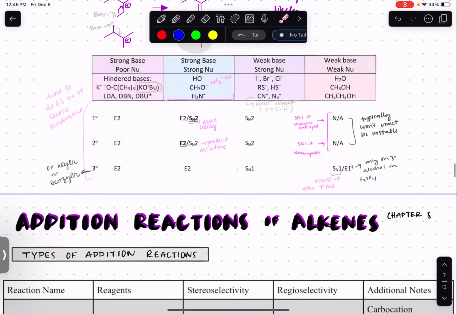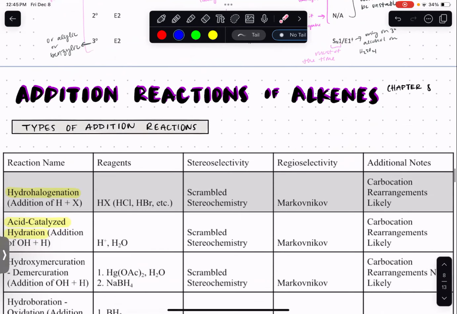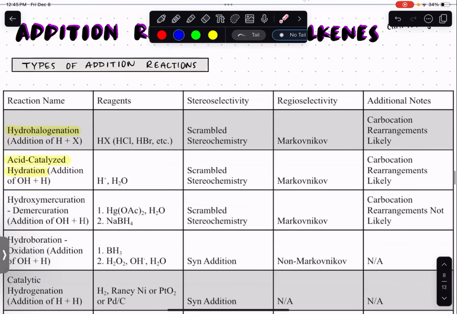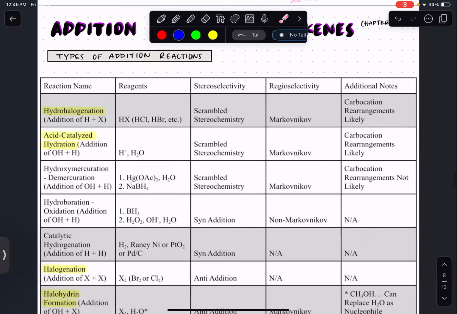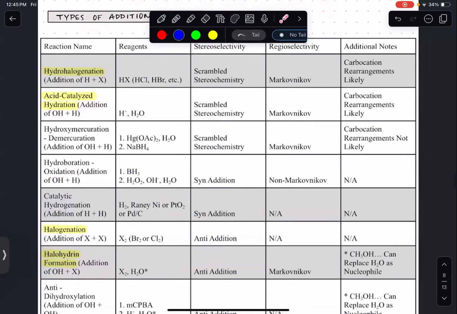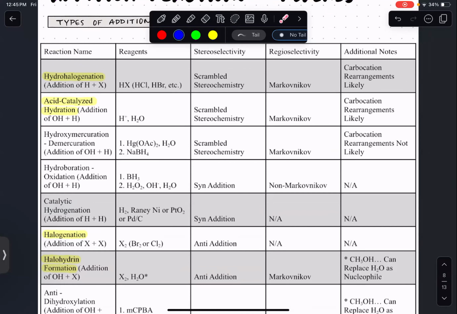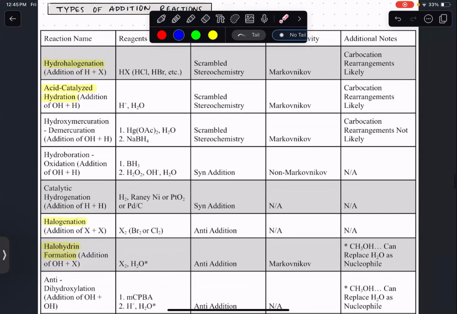Okay. So then with addition reactions, this is all from this table. It is a lot of information, but I think that the best way to look at this table and understand what happens is to start with the same starting material every single time, and then look at the differences when I use different reagents.